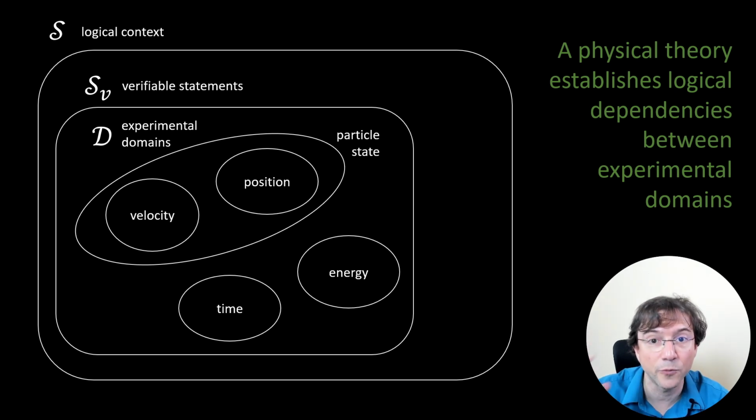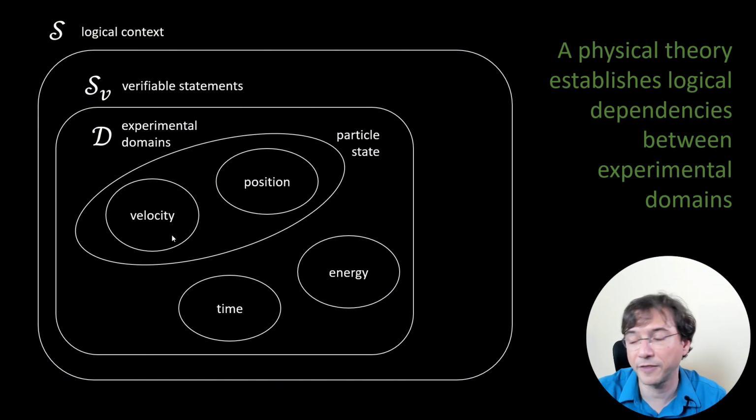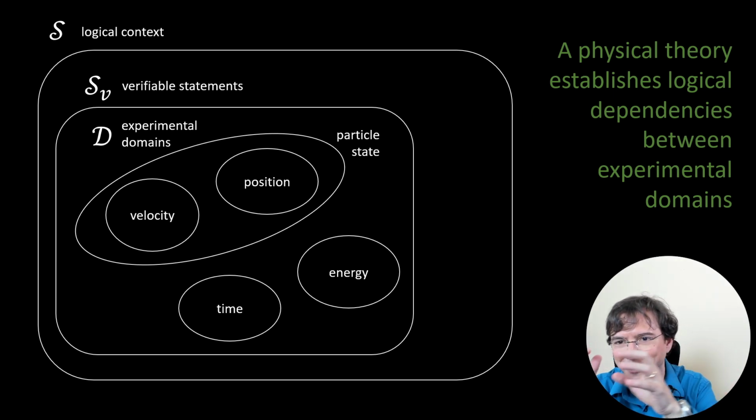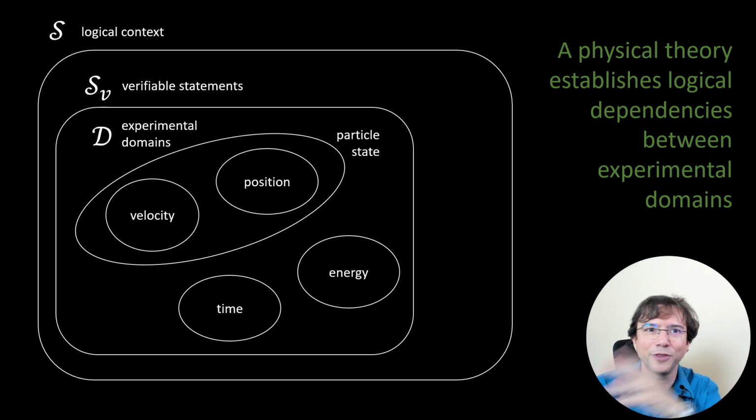And from there, we really have the correct notions. Then within the set of verifiable statements, we can find experimental domains. So we're going to have the experimental domain of velocity for a particle. That is going to be the set of all things that we can measure about the velocity. It's within this interval, it's not within this interval, and so on. So there are all these types of statements.